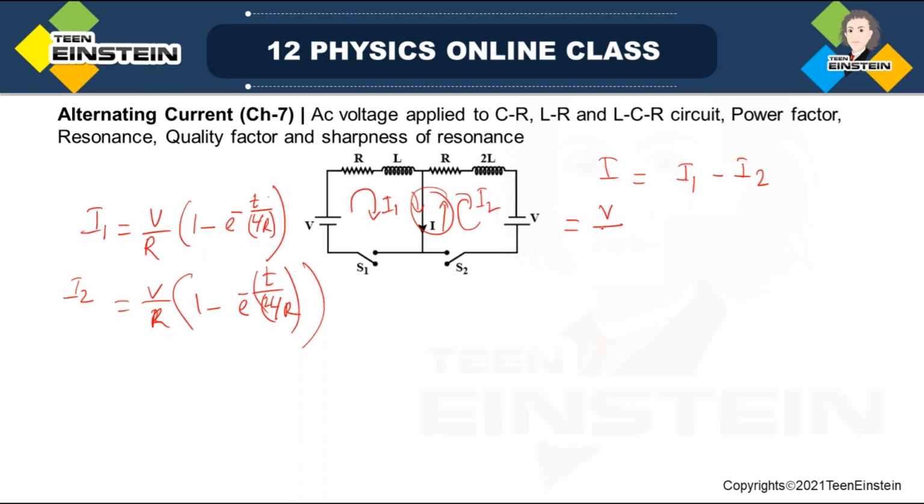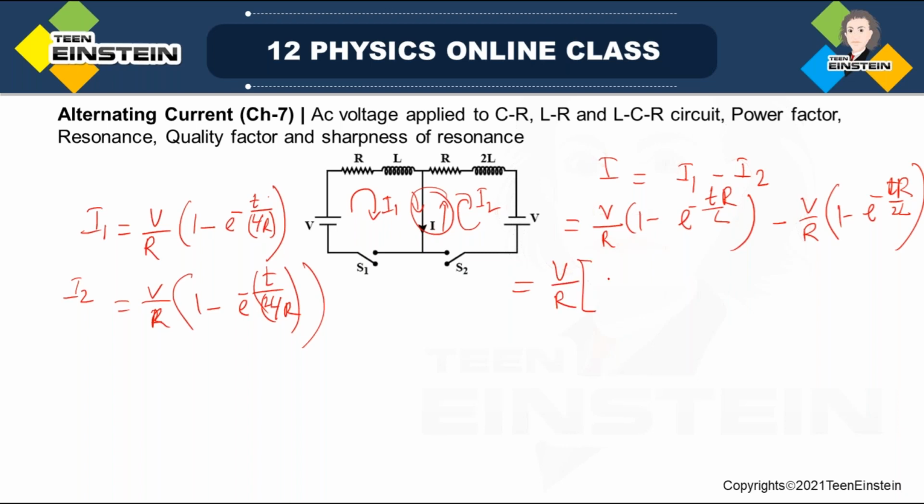So if I just put the values, minus of V by R, e to the power minus TR by 2L. The first terms will get cancelled.